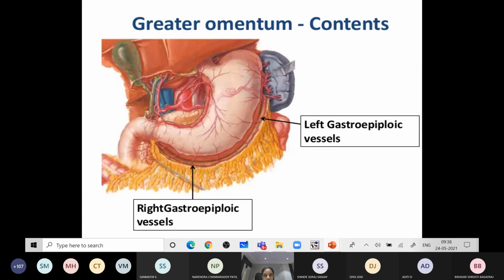Now the contents. Along the greater curvature of the stomach, we have the right gastroepiploic and the left gastroepiploic vessels and their branches. These two vessels run in the first and second layer of the greater omentum along the greater curvature, giving different smaller branches to supply the greater curvature of the stomach.